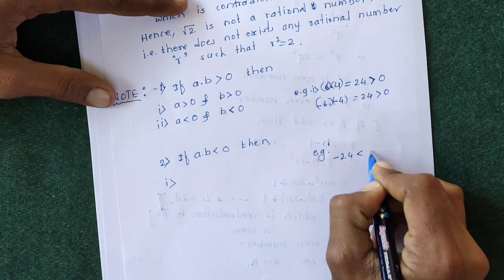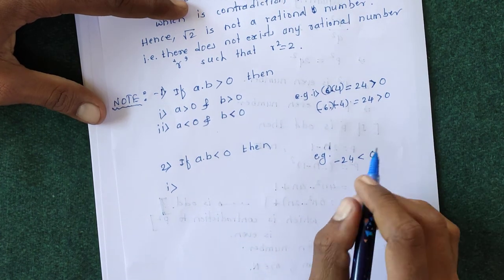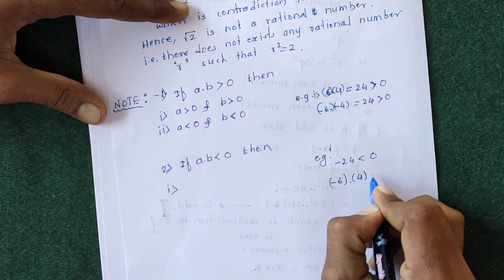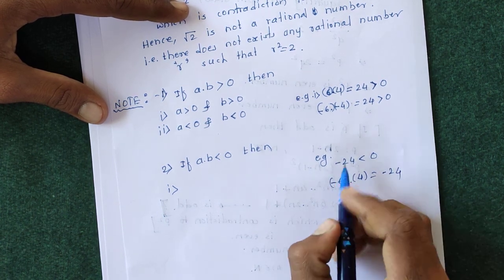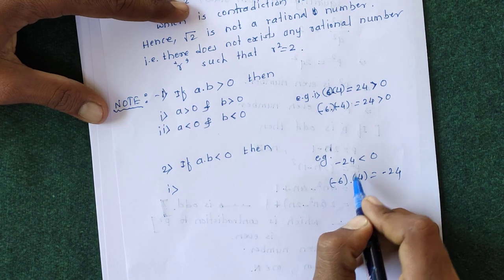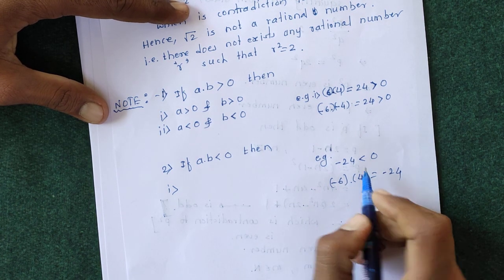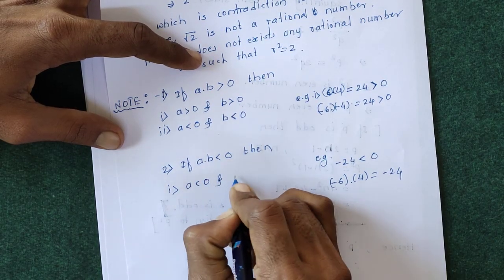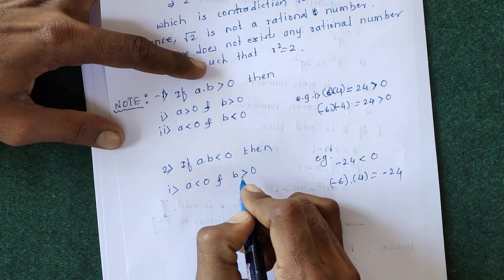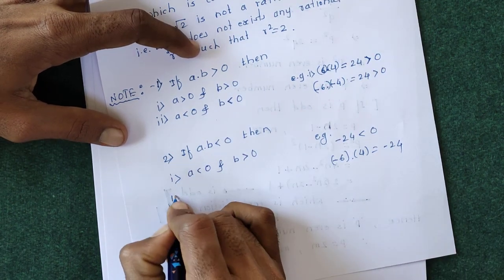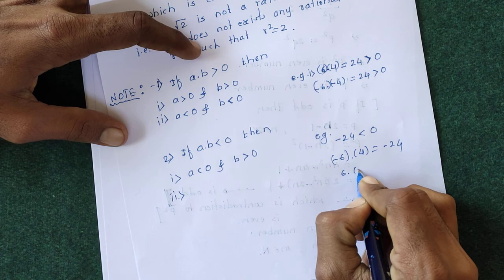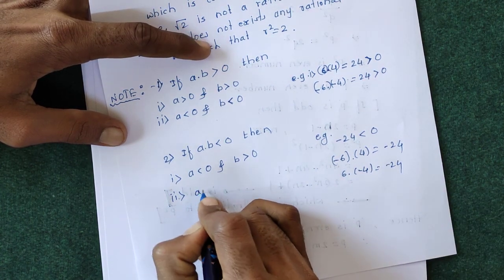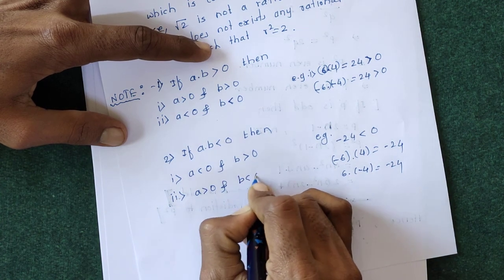So 24 is less than 0, so if we write minus 6 into 4, then our answer is minus 24. Here a is less than 0 and b is greater than 0. So the first possibility is a less than 0 and b greater than 0, and the second possibility is similarly 6 into minus 4, which is again minus 24, so a greater than 0 and b less than 0.